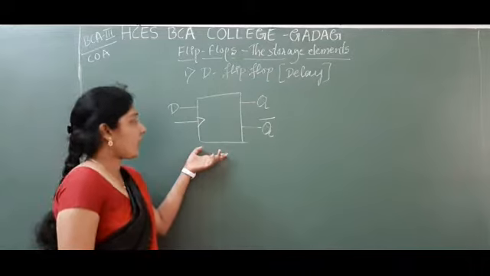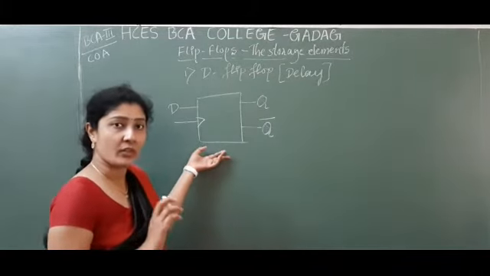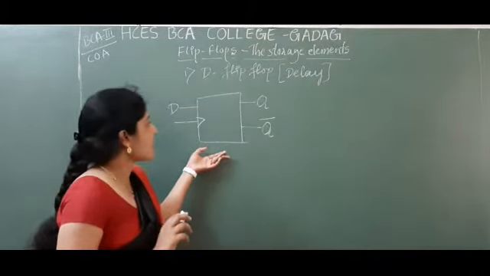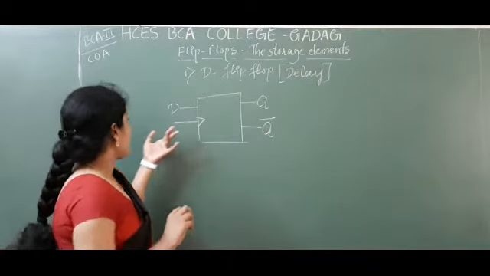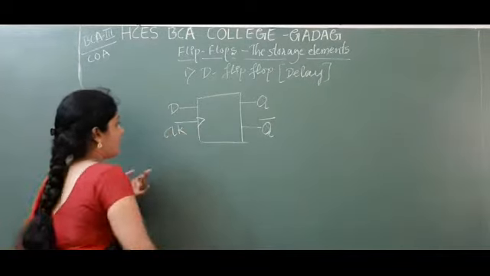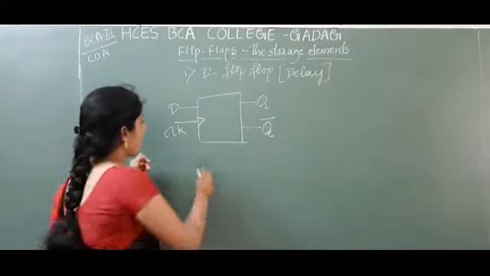We can call this the graphical symbol of D flip-flop. What happens in the D flip-flop? See, this is the symbol, the graphical symbol.